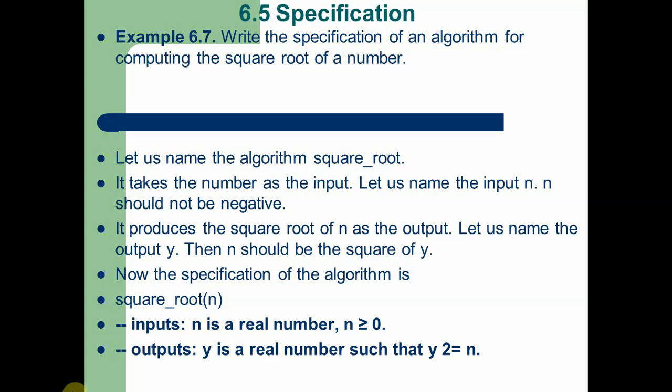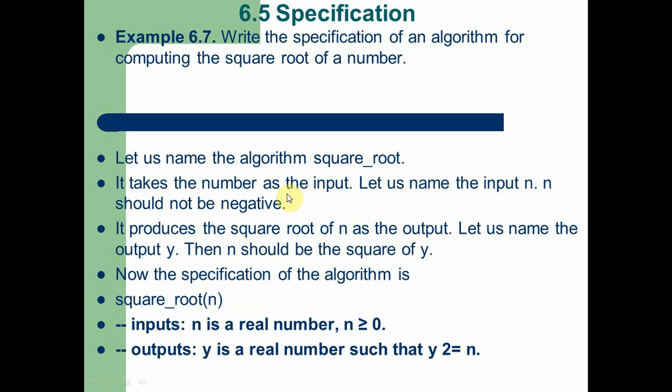So here you can see it takes a number as input. Of course, if you want to find a square root, then we can take any number. Let us name the input as n, and n should not be negative. So this is the property of the input. When we try to find the square root of any number, that number should not be negative.